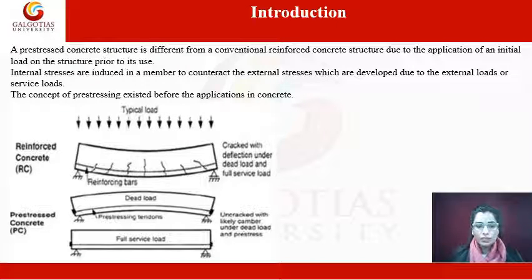And here you can see the example of pre-stressed concrete, uncracked with slight camber under dead load and pre-stress. This part, after pre-stressing the concrete, can bear that load, and this part cannot bear that type of load, so it will get cracked.